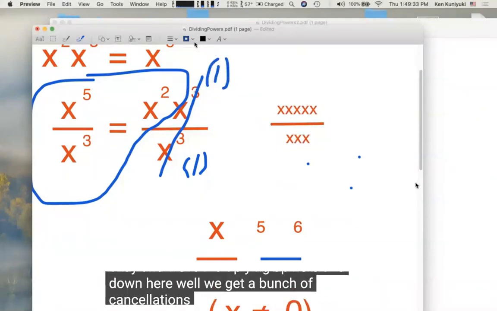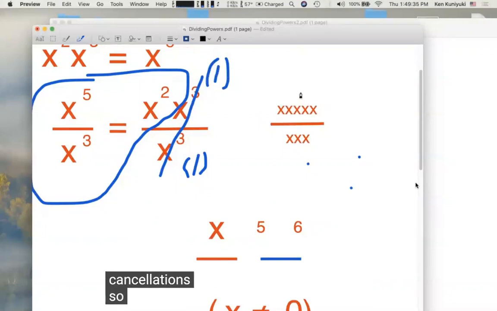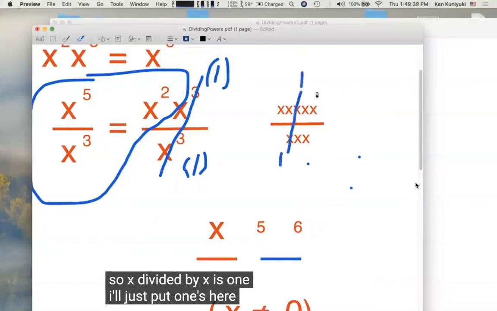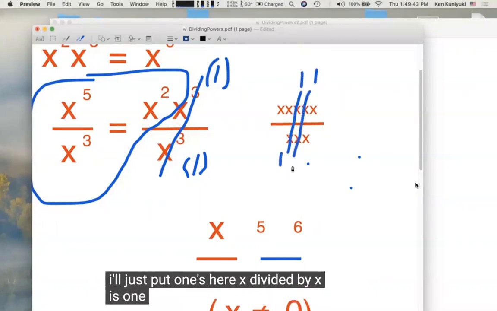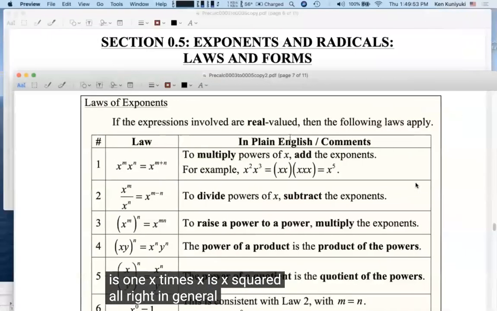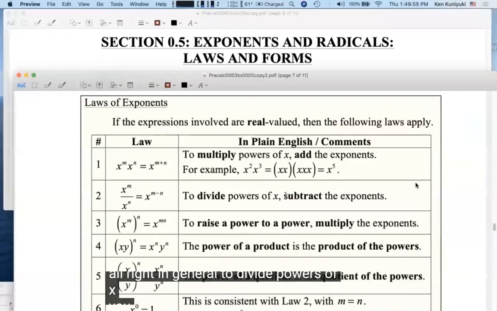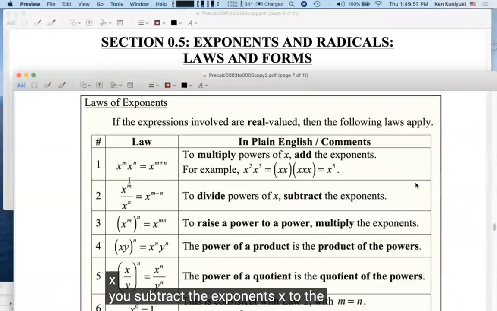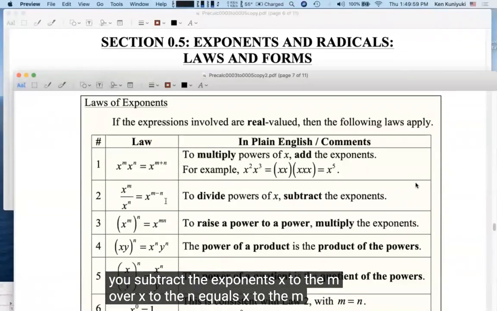Well, we get a bunch of cancellations. So x divided by x is 1. I'll just put ones here. X divided by x is 1. X divided by x is 1. X times x is x squared. In general, to divide powers of x, you subtract the exponents. X to the m over x to the n equals x to the m minus n.